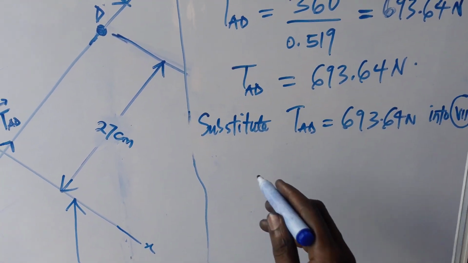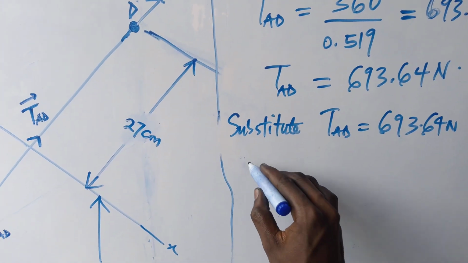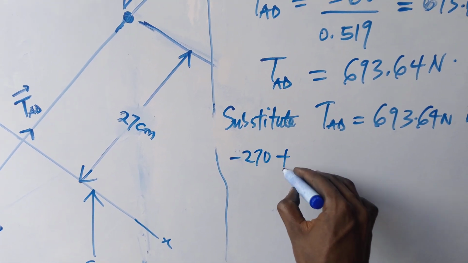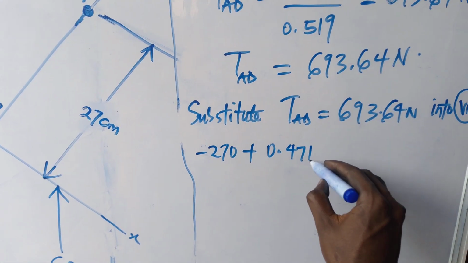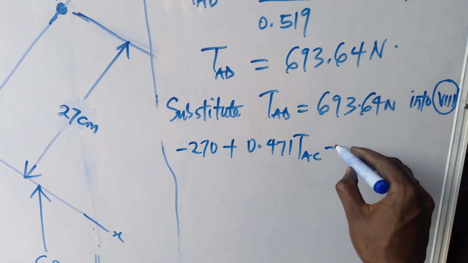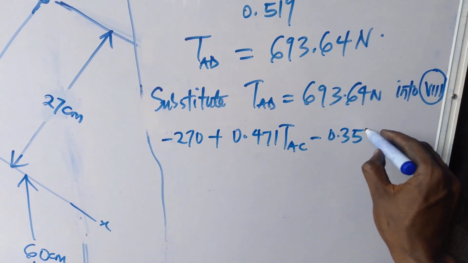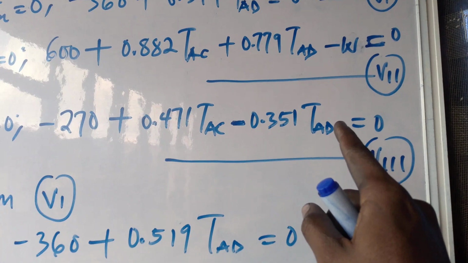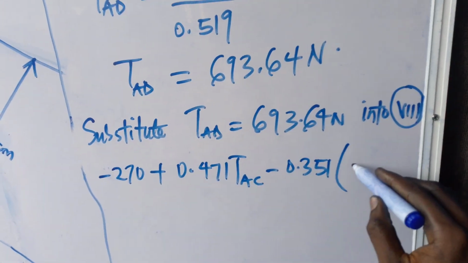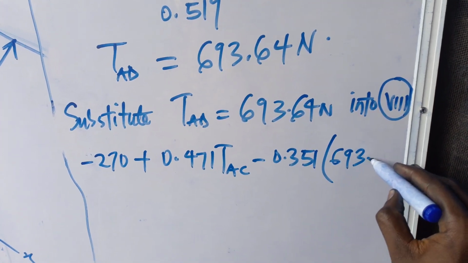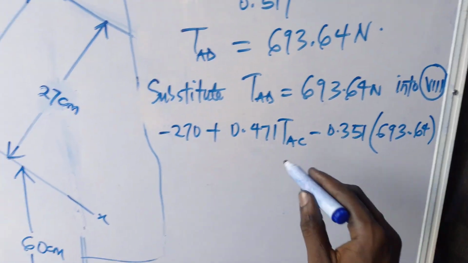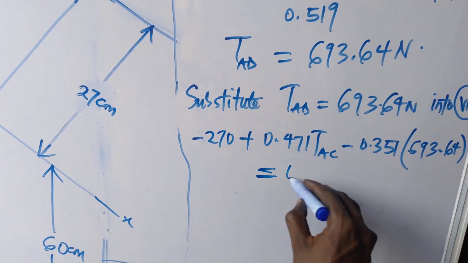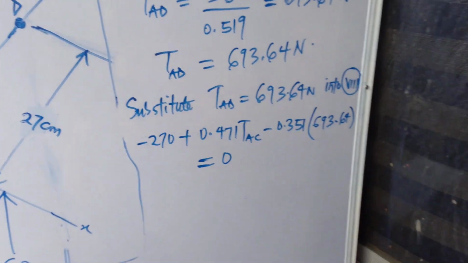Now equation 8 will change to minus 270 plus 0.471 TAC minus 0.351, open bracket, in place of TAD I write this value, 693.64, equals 0.